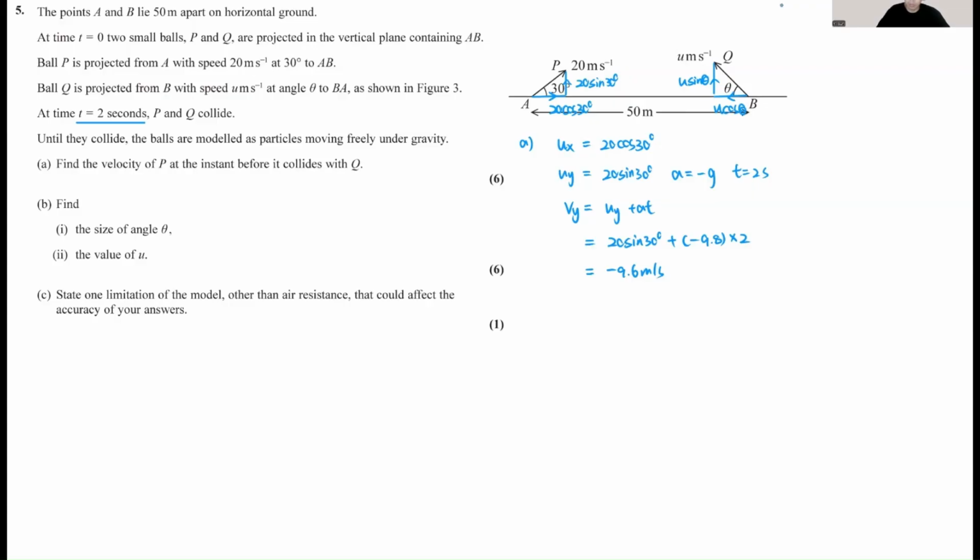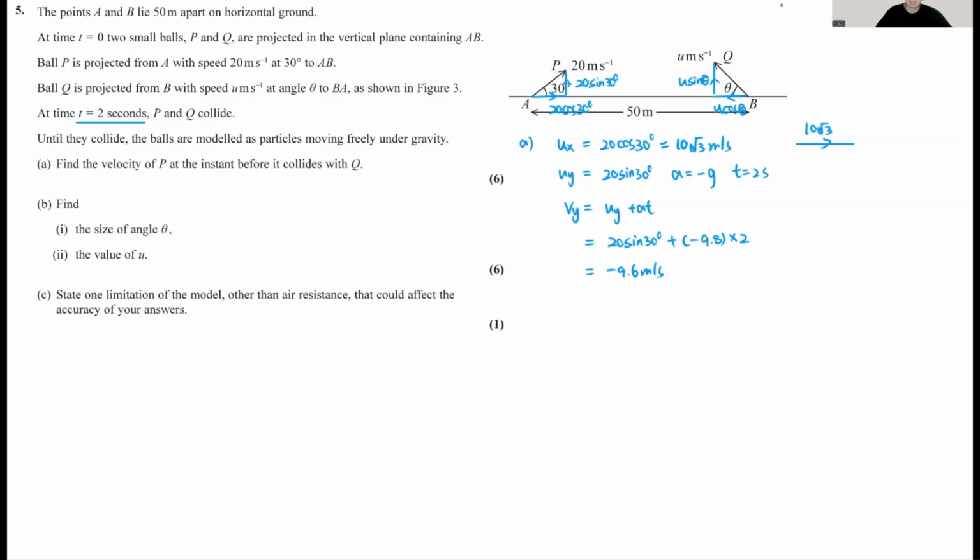So first we draw them out. 20 cos 30, we can actually work out the number. So 20 times cos 30 is 10 root 3 meter per second horizontal. So it should be 10 root 3 to the right hand side.